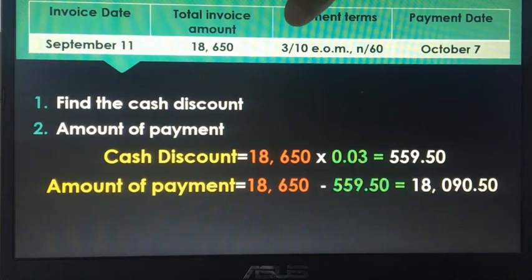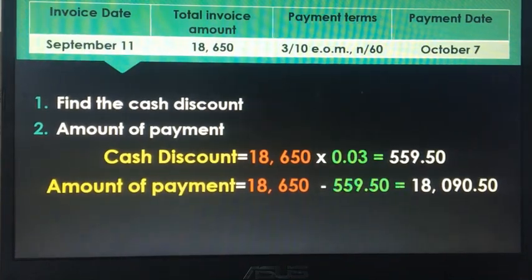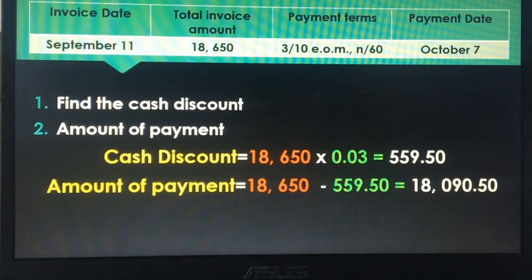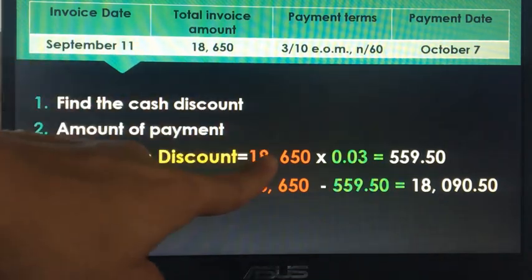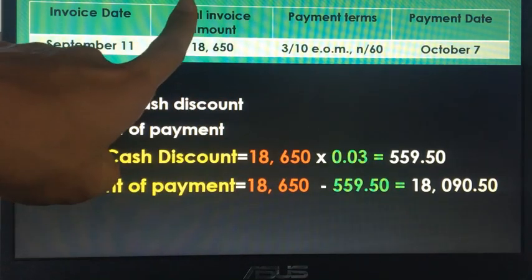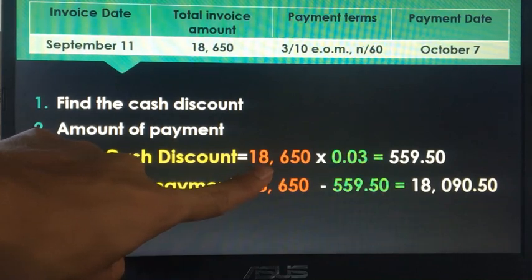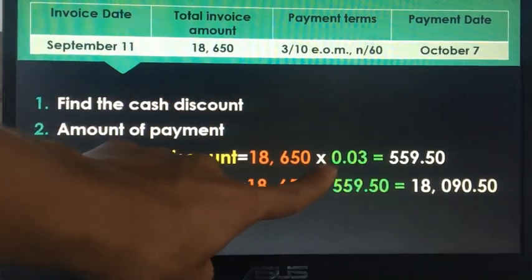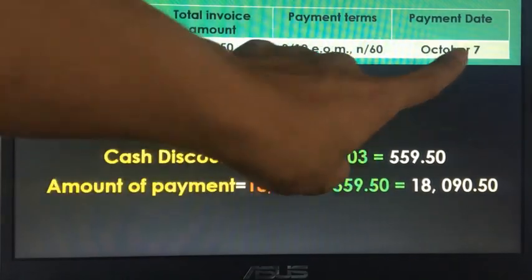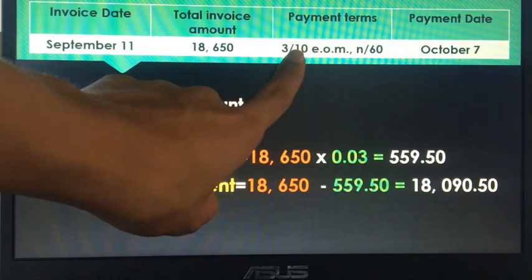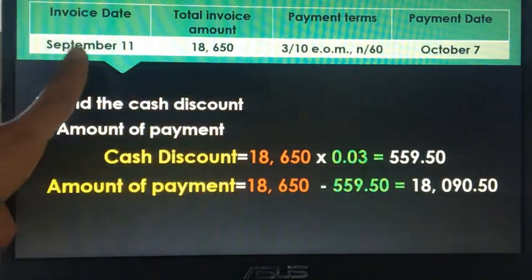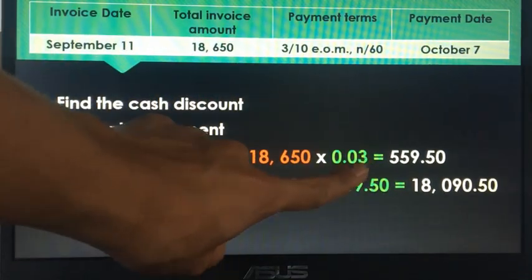Yes. So meaning, the buyer is granted the 3% discount rate. Therefore, the total invoice here, 18,650, is multiplied by 3% because October 7 is within the first 10 days of the next month after September. So we will be granted 3%.